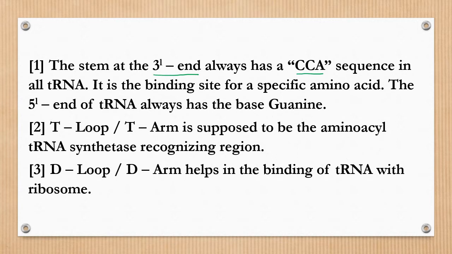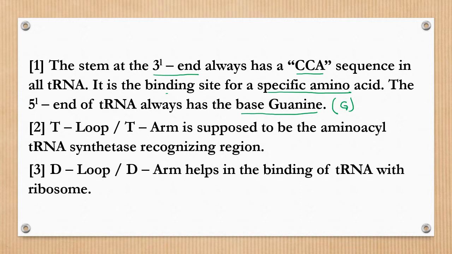This 3' end of the tRNA molecule is called the stem. It always has the sequence CCA, and this 3' end is the binding site for the specific amino acid. Now the 5' end of tRNA always has a guanine base, G.